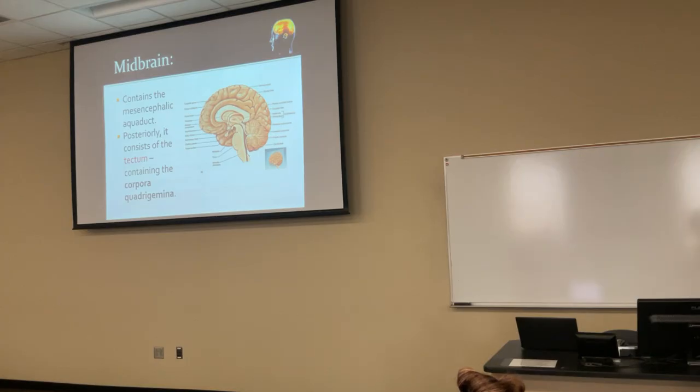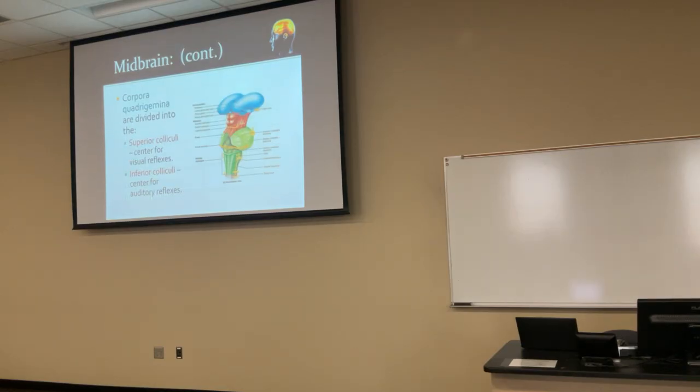And on the posterior side of the midbrain, there are 4 bumps. You can see from a posterior view of the midbrain. Those 4 bumps are part of what's called the tectum, and those 4 bumps are called the corpora quadrigemina. The corpora quadrigemina, as we learned in lab 2 weeks ago, is made up of 2 parts.